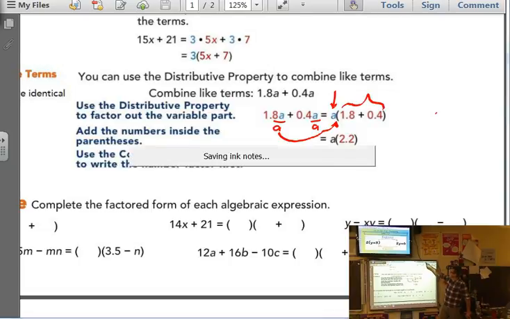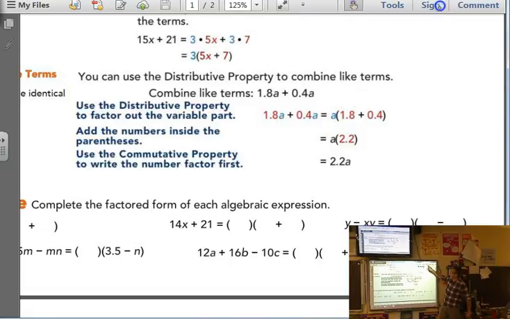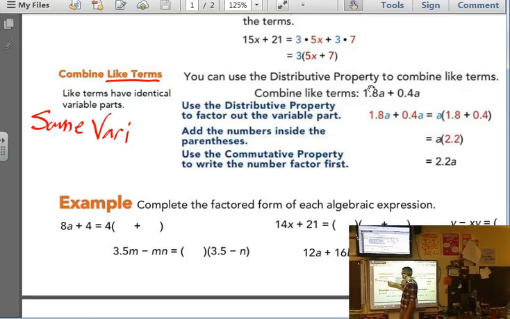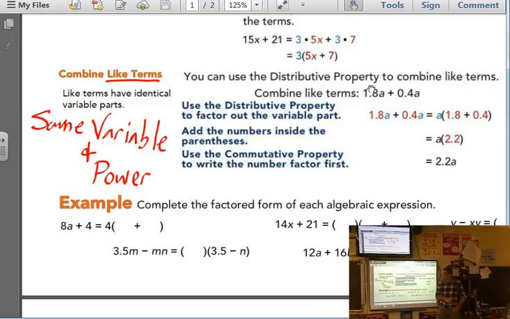Same variable, or lack of variable, but not having a variable is the same. So like terms: same variable, and this won't matter right now, but later it will, same power or exponent. So like x versus x squared, those are not like terms. Even though they both have x, these are not like terms.